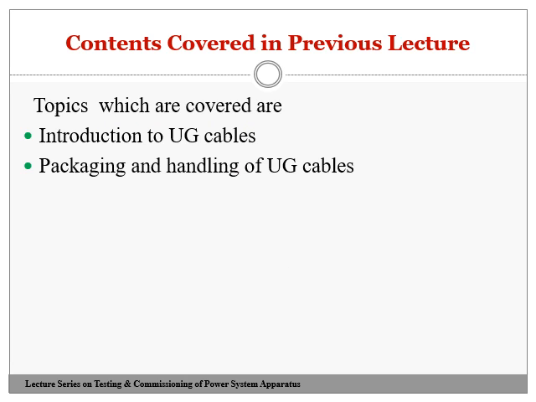In the previous session, we started with Module 4, which is related to underground cables. We discussed the classification of underground cables, their merits and demerits, as well as the factors considered for selecting the proper underground cable for a specific application.